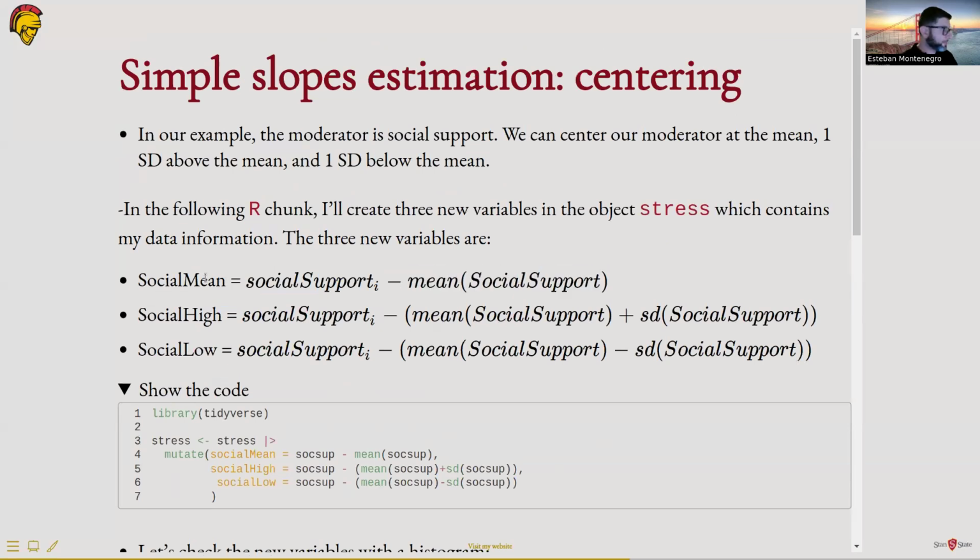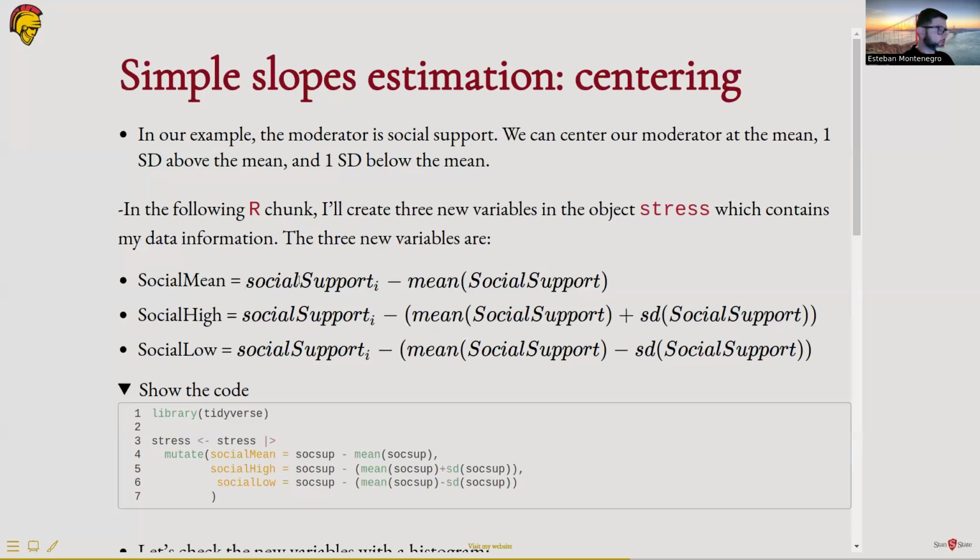That's going to be the variable that you will add into the regression model in order to get the slope for the scores when the score is close to the mean, right? Or far from the mean.